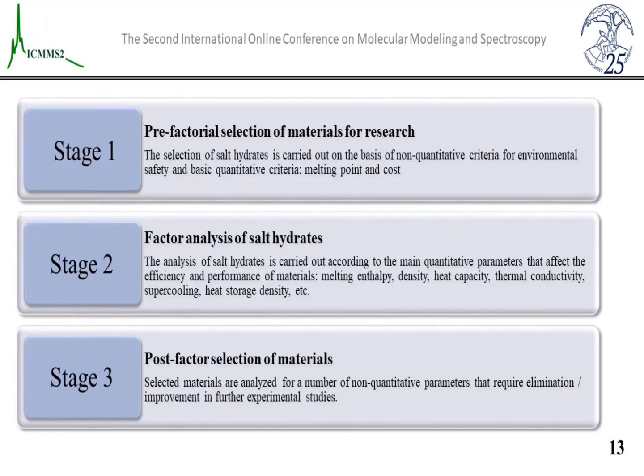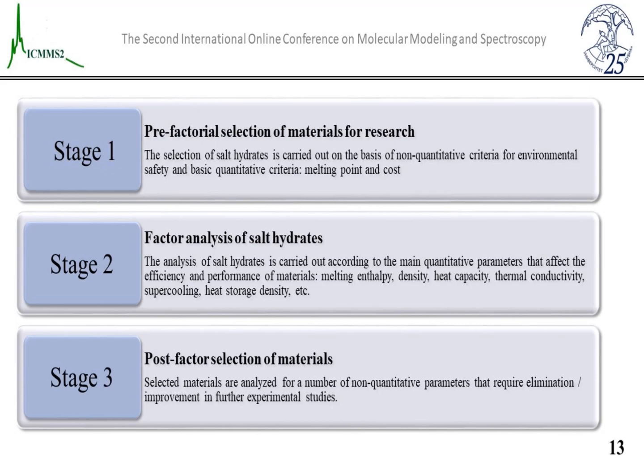The selection of promising materials using factor analysis takes place in several stages. In pre-factor, we select materials according to critically important quantitative and non-quantitative parameters to select effective phase change material. In factor analysis, materials are examined according to a number of quantitative selection criteria.